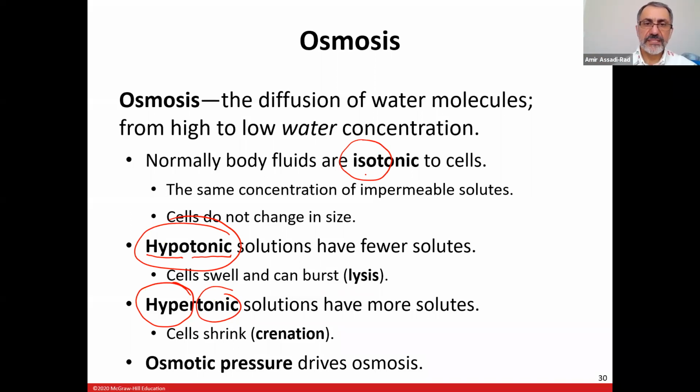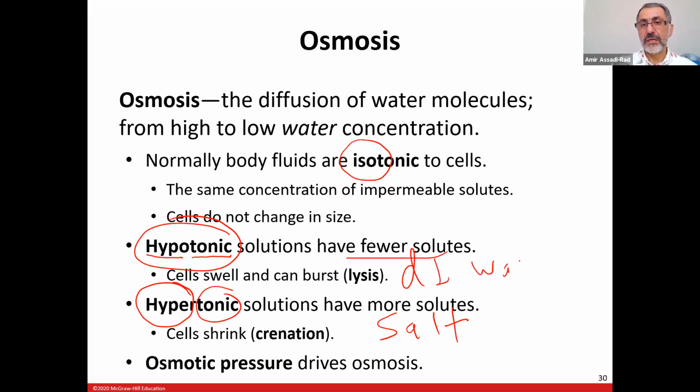And if you place a cell, red blood cells, let's say, or plant cells, in a salt solution, what will happen? The cell shrinks. I'm sorry, I'm getting ahead of myself. This would be in case of deionized water.